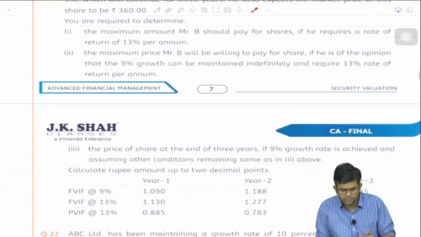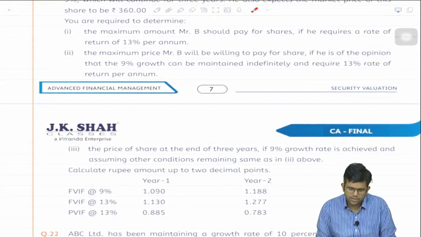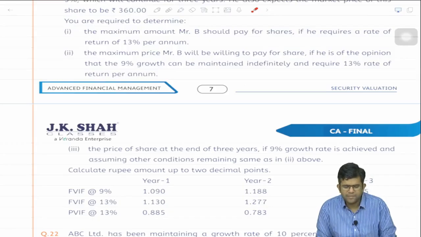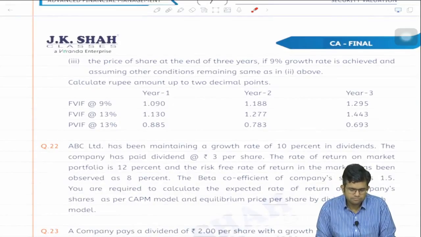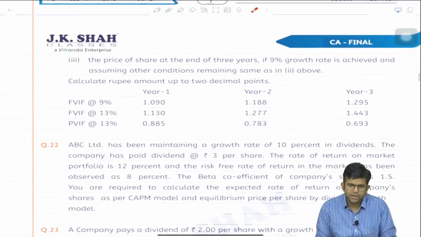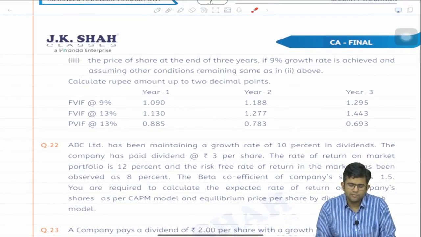Now comes point number 2. Or I might want to do point number 3 first for you. They are asking you to again find the price of the share. You can see point number 3. They are asking you to find the price of the share at the end of 3 years.